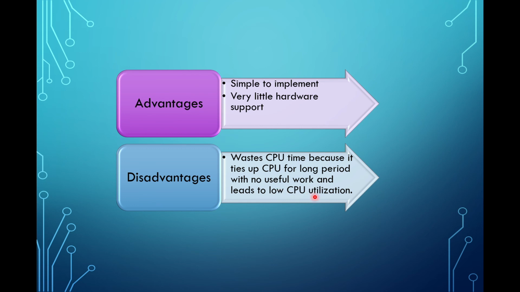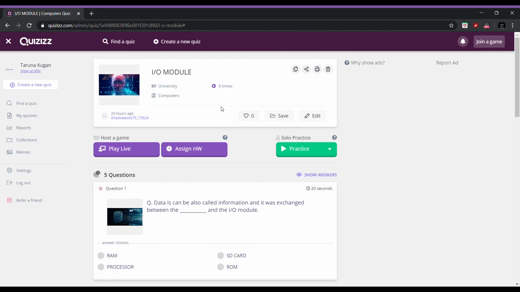It means the CPU needs to check the IO module periodically, every time, to see whether it's in ready or busy state. After that only it can continue to the other work. So it clearly decreases CPU utilization.